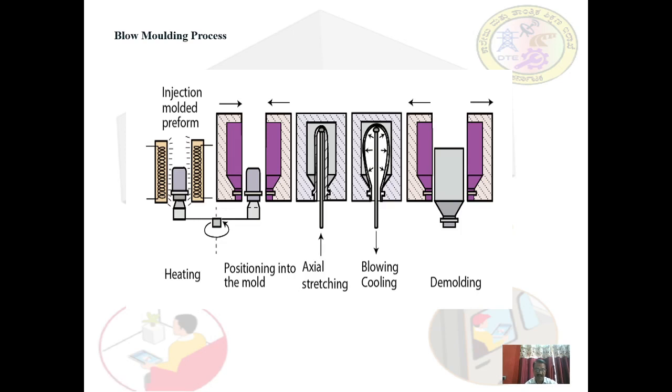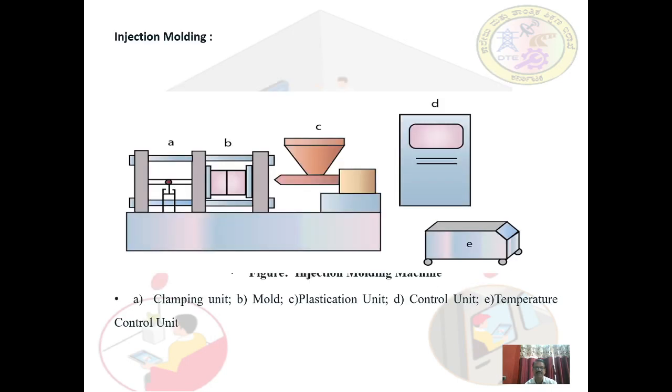Next is injection molding. This is the equipment used for injection molding. The injection molding technique is significant because of its ability to manufacture complex molding geometries in a single stage operation. The process is often suitable for mass production because of the high degree of automation.